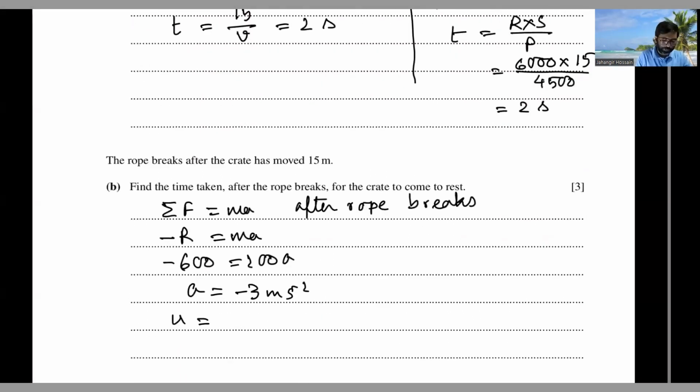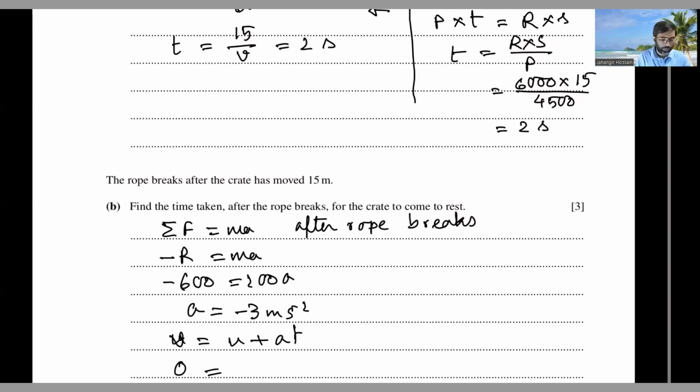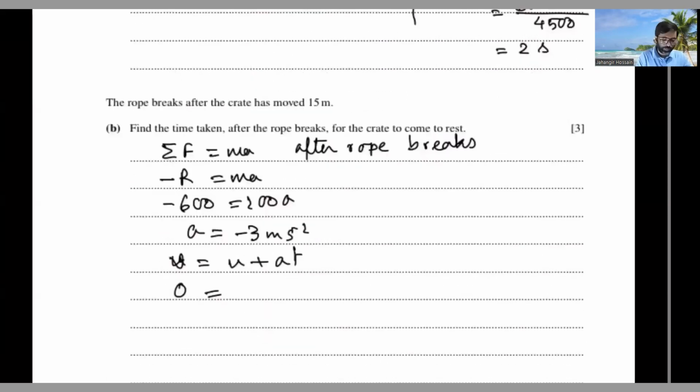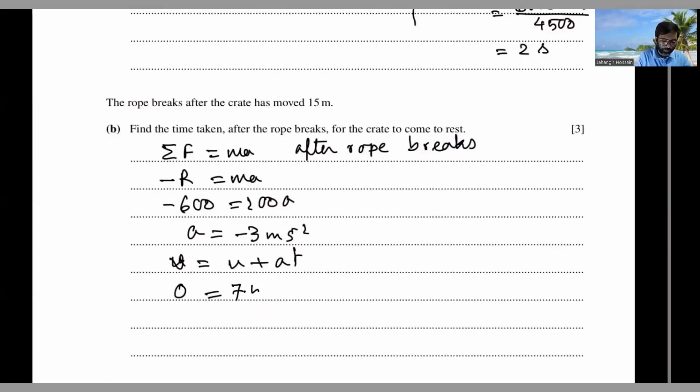Then you'll find the acceleration, then apply V equals U plus a t. V is 0, and U, the moment the rope breaks, the crate was moving with the speed 7.5 meters per second. So initial velocity is 7.5 plus acceleration minus 3 into t.